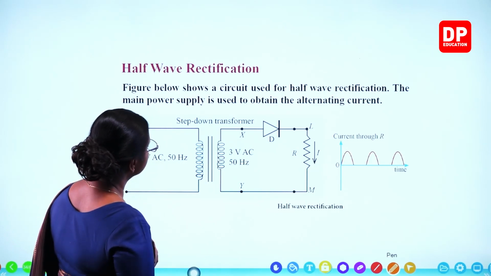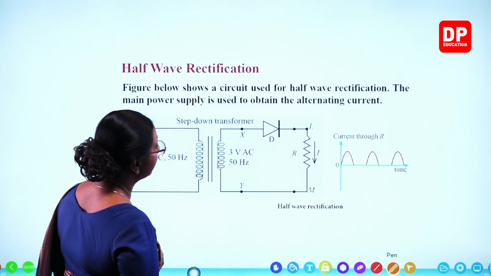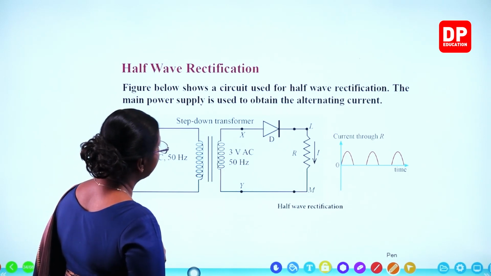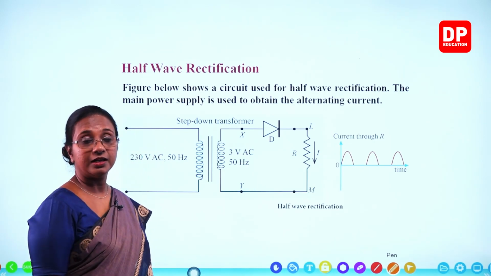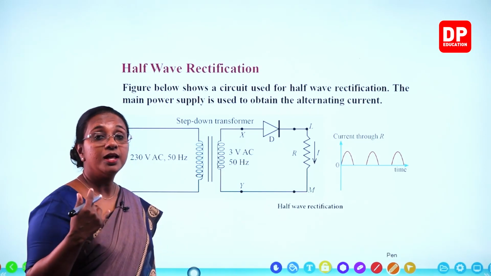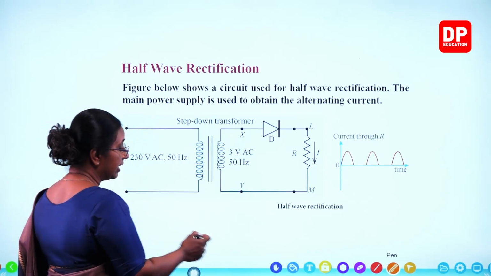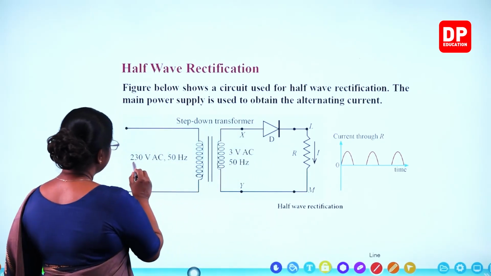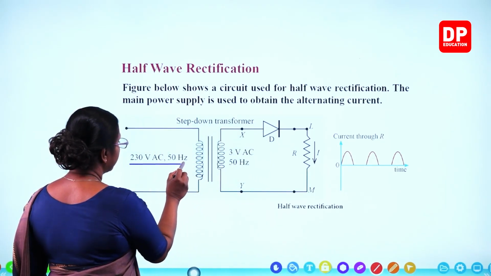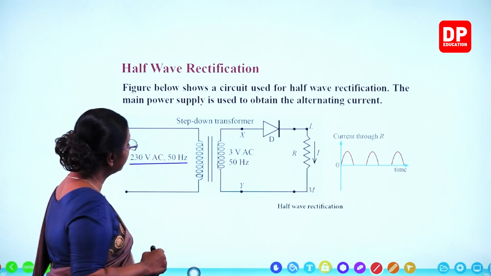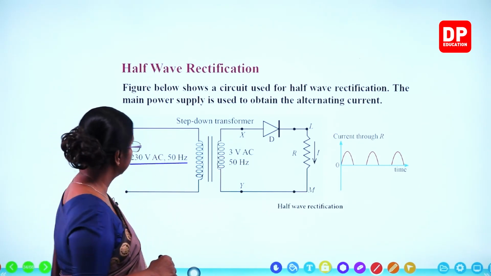Figure below shows a circuit used for half-wave rectification. The main power supply is used to obtain the alternating current. So you all know the household main power supply is alternating current. I told you all that. Here you can see it has a potential difference of 230 volt. It is an alternating current with a frequency of 50 Hertz.